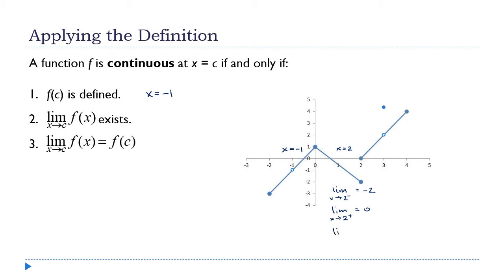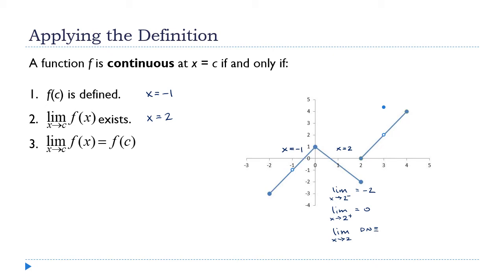Therefore, the limit as x approaches 2 does not exist. So at x equals 2, criteria number 1 passed, but criteria number 2 was not satisfied.